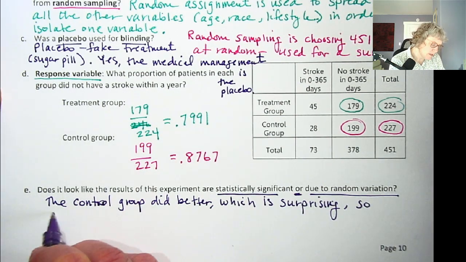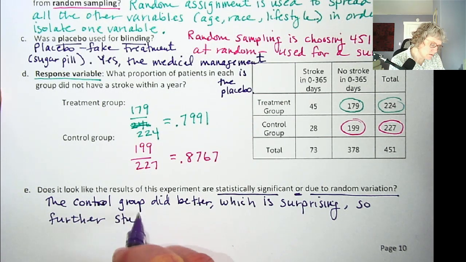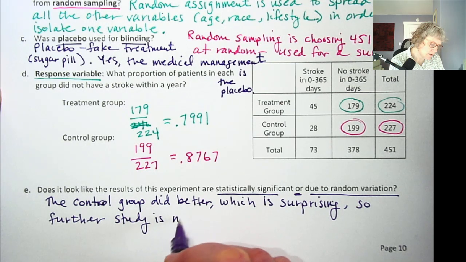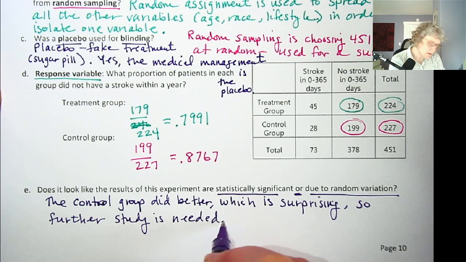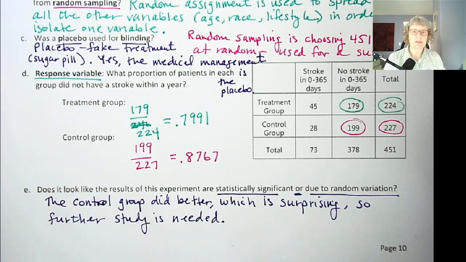So further study is needed. The researchers need to figure out, is that stent doing harm in some way, or was it just due to random variation of the difference in the folks in the different groups? So definitely further study is needed.